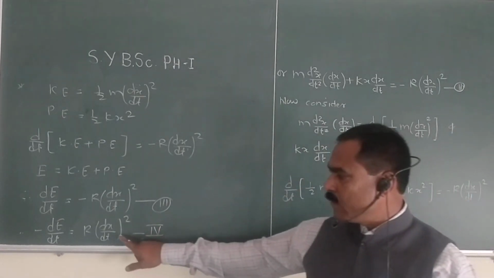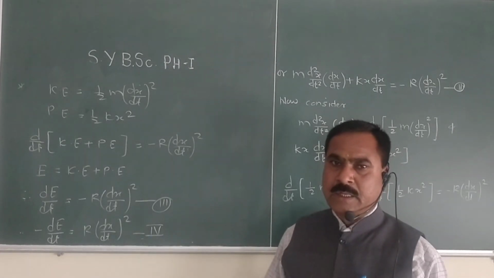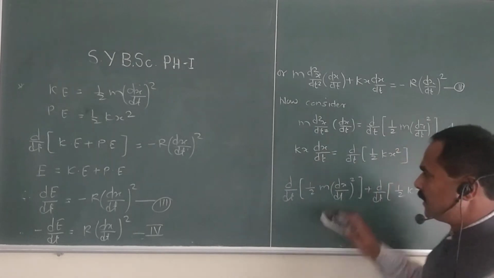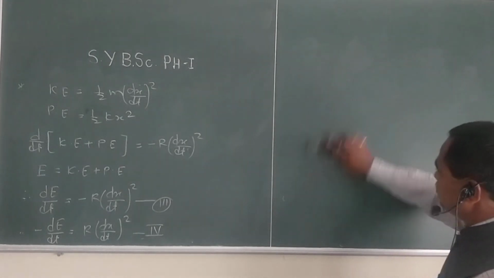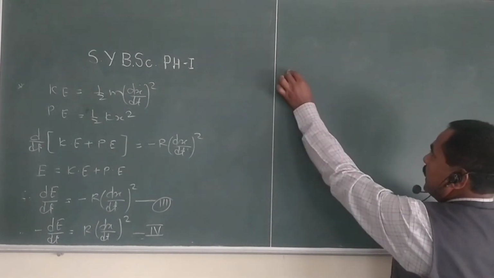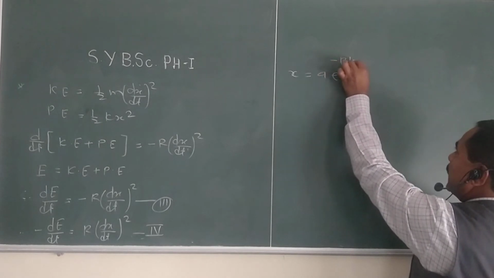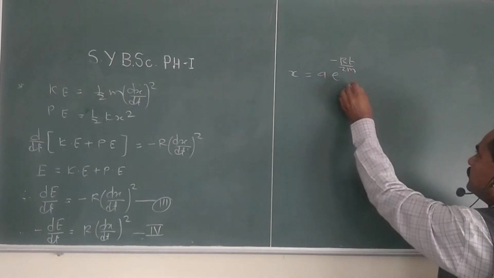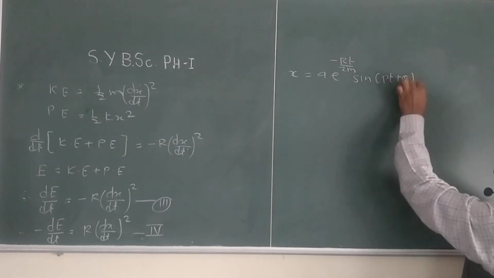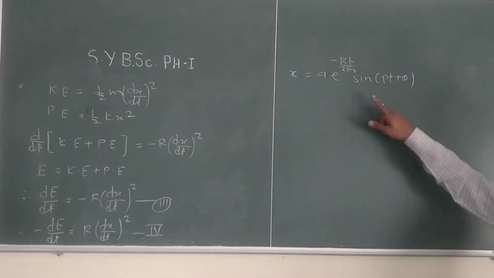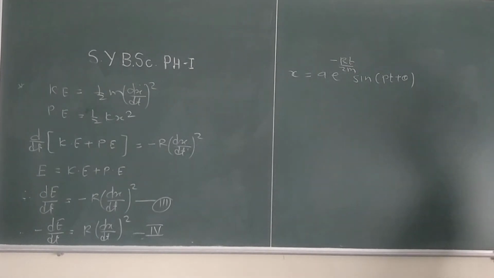Now here we have to calculate the value of dx by dt. For that we consider the equation of motion of the oscillator that we have obtained already. That equation of motion is x equal to a e raised to minus rt upon twice m sine of (pt plus theta), in this form. So we have to differentiate this equation with respect to time.